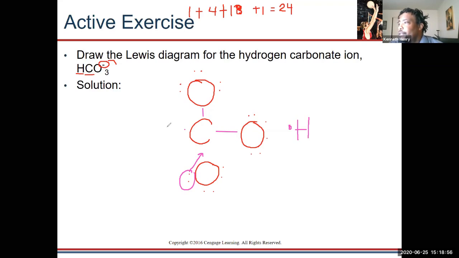So how are we doing now? So let's see. Okay, so if I have this electron here, and then I have the one that's left over from over here, bring those together, put those right here.